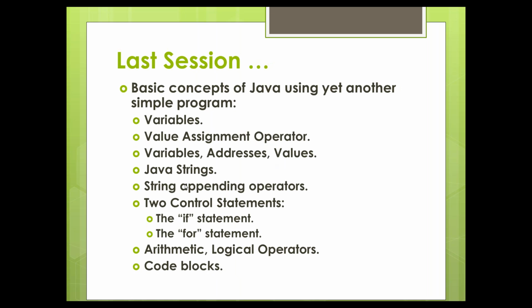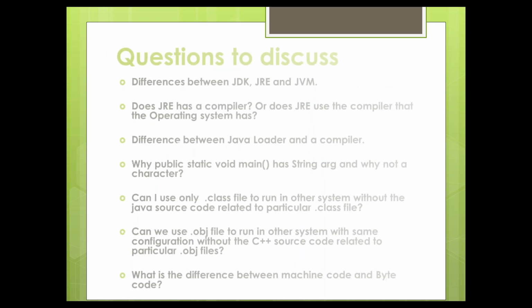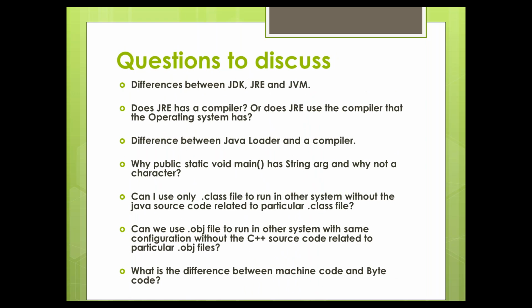Then Java strings at a high level, the appending operator, that is the plus operator, and some control statements. Hope all of you have been practicing these things. We also saw arithmetic and logical operators and code blocks.